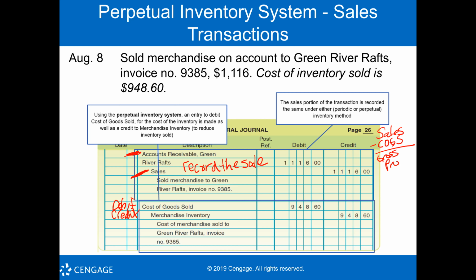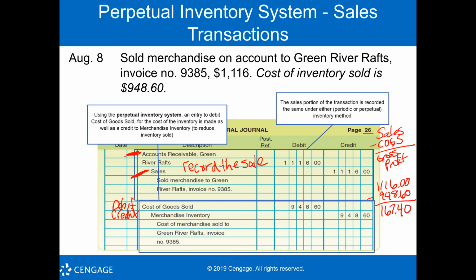They talk about that in the book. I know we all read this chapter. So in this case, if we took our 1116.00 minus 948.60, we've got gross profit on this sale of $167.40, right?